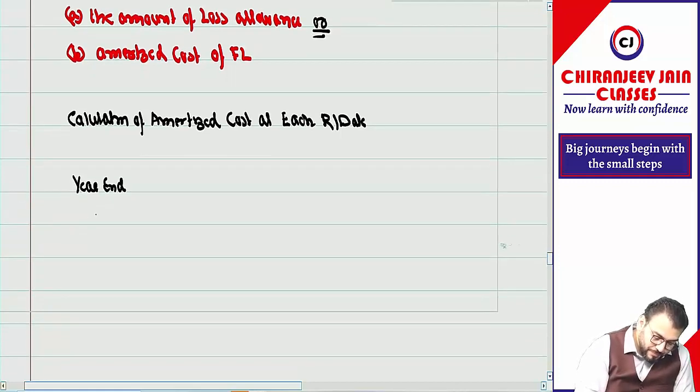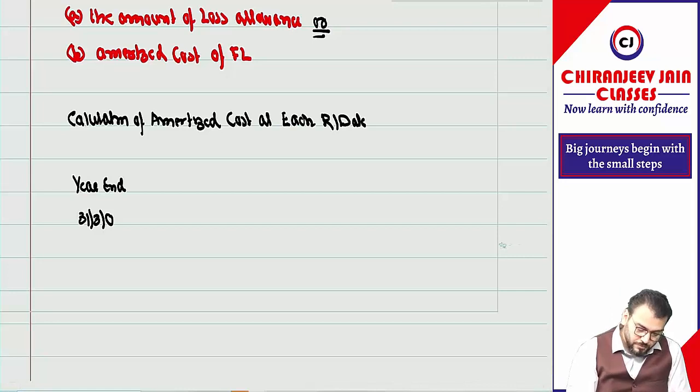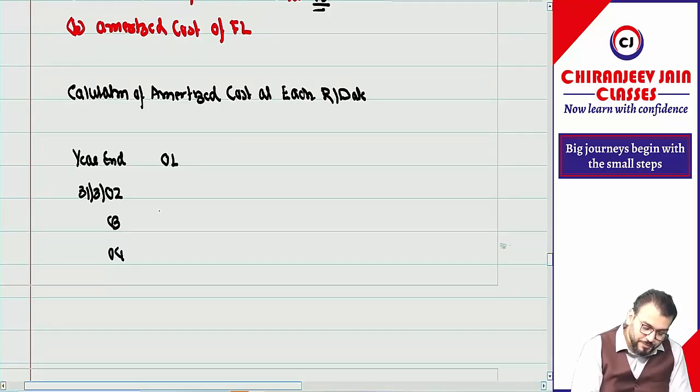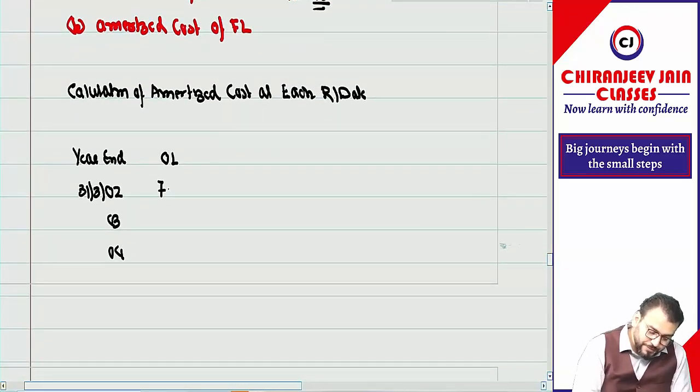Year end, 31st March, it is what? 2002, 3, 4. Correct? Opening liability is what? 73,320. Interest by applying EIR. What will be EIR? 11% only.